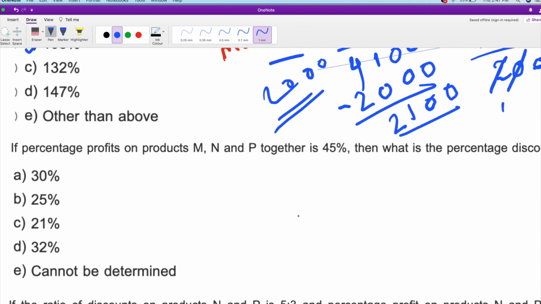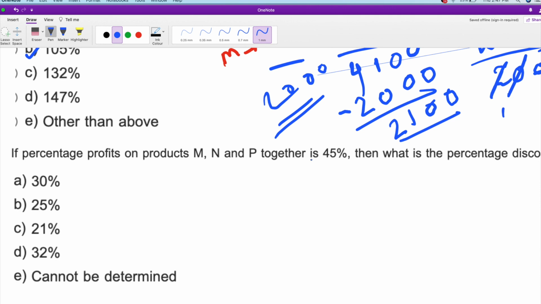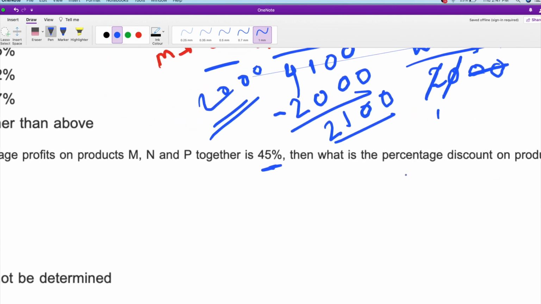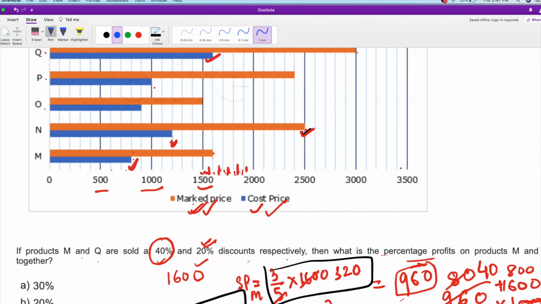If the percentage profit on products M, N and P together is 45%, then what is the percentage discount on product P? Okay, M, N and P, percentage profit. Cost price of M is 800.